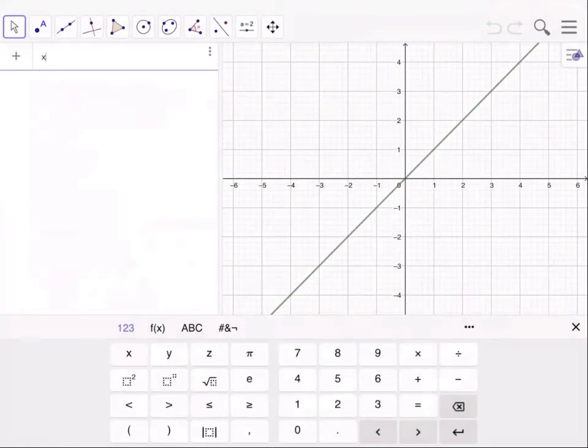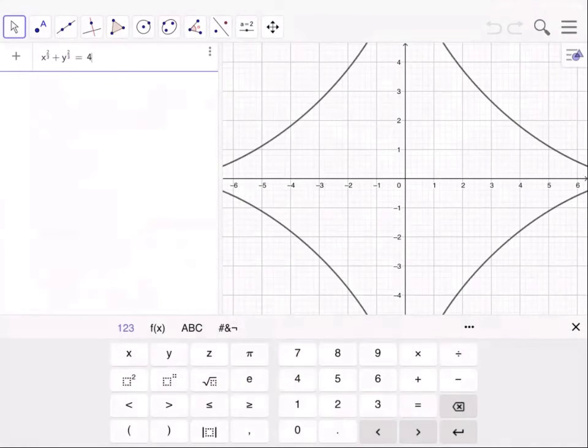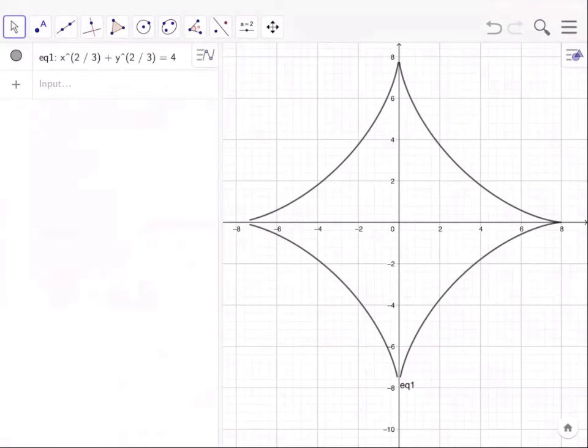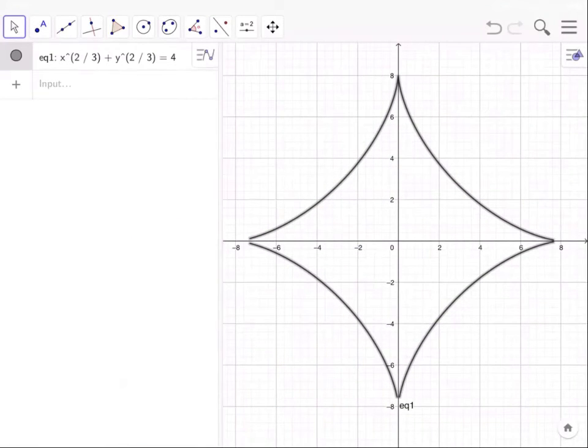So we can plot x to the power 2/3, then plus y to the power 2/3, and then this is equal to 4. And here we have our curve. Okay, so this is how it looks.